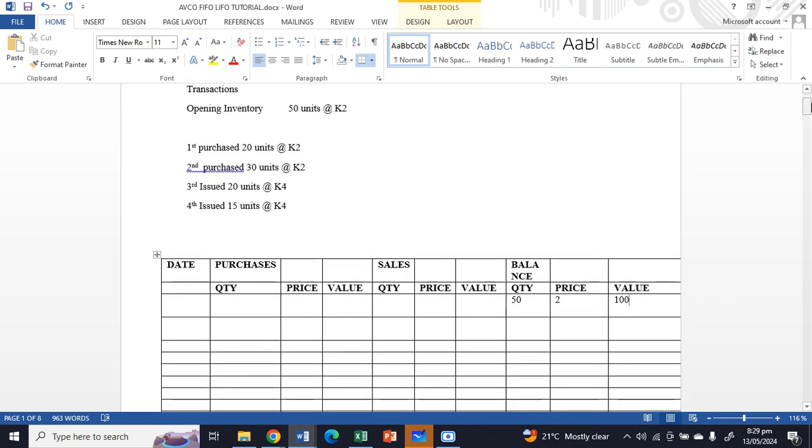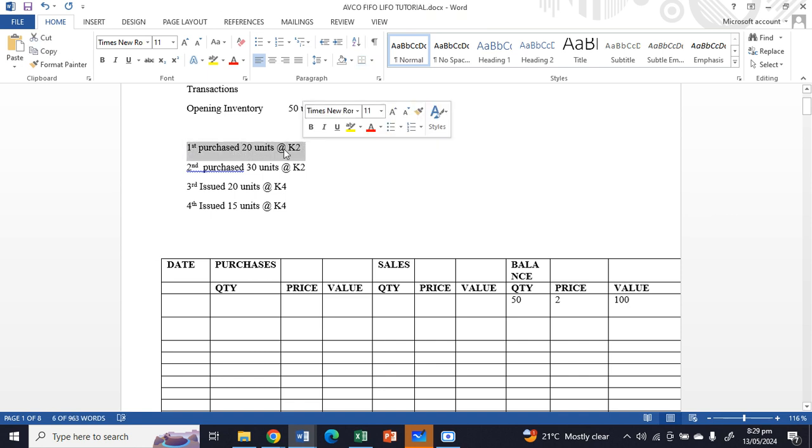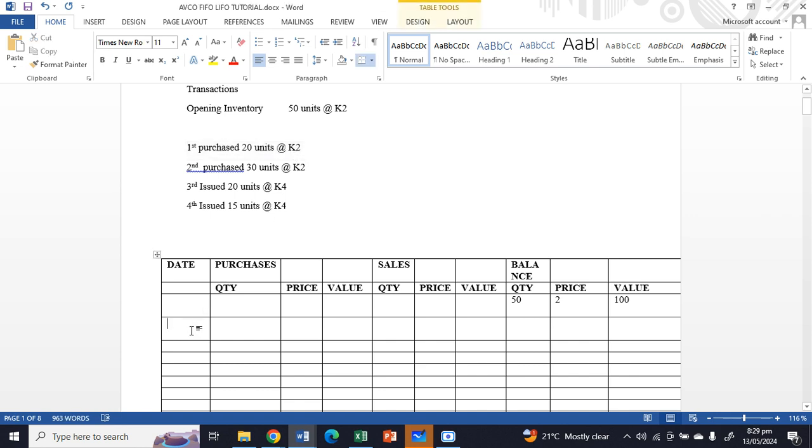Now we're going to look at the transactions that went on in this month, and then we record them. On the 1st of this month, we purchased 20 units at 2 kwacha per unit. On the date, you put the first, even for opening inventory, you put a date here, the 1st of January 2024.